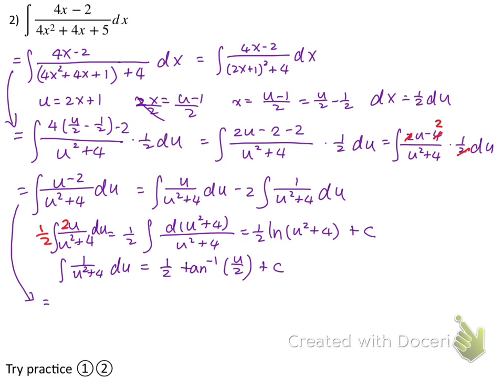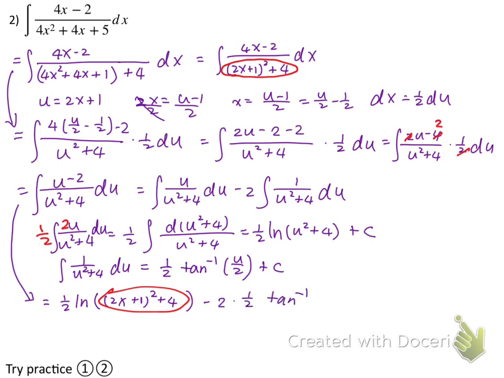So it is 1/2 log, what's u? u is 2x + 1, squared plus 4. Notice that this is my original denominator. That's my first term, minus 2 times 1/2 tan inverse of (2x + 1) over 2, plus c.